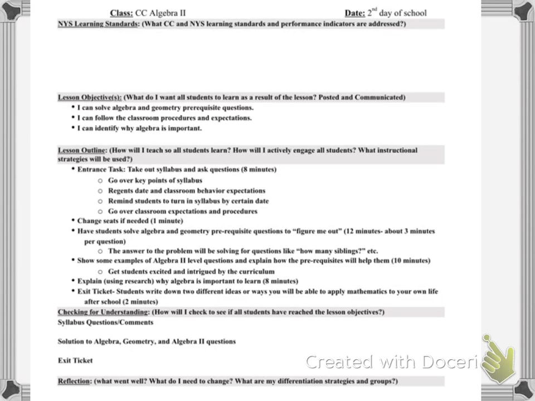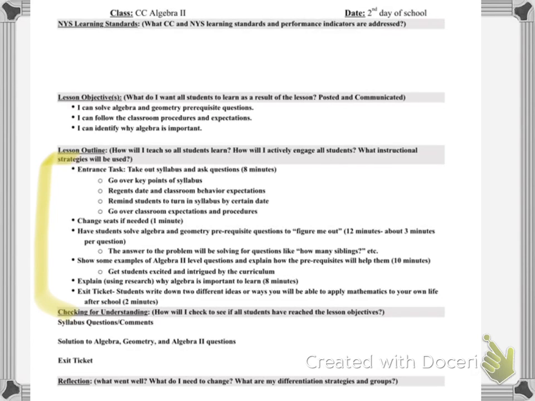This is the second day lesson plan, so just going again through the outline. So we'd go through an entrance task of taking out the syllabus, which was their homework the night before, and asking any clarifications they need. And then make sure I address the main points of the syllabus if they don't have any questions.